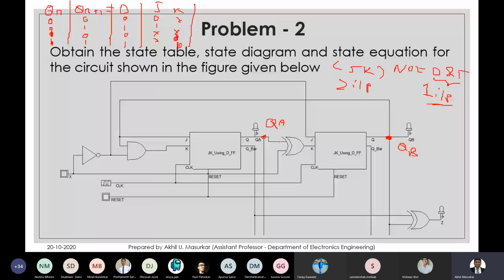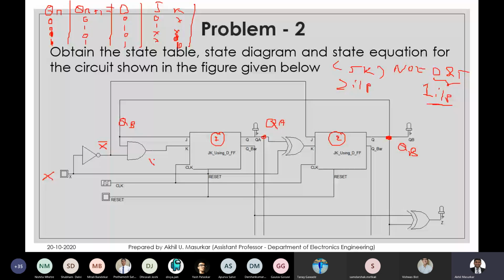Let's call this flip flop 1 and this flip flop 2. So this is my input X. Let's track it from here. So here you will get X bar. If you backtrack this input, this is nothing but QB. So here you will get X bar and QB.